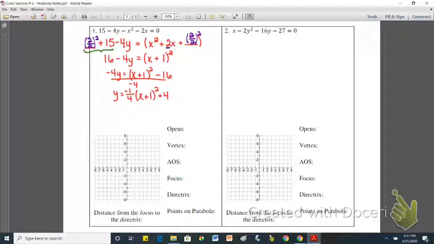So to decide whether it opens up or down, I look at the coefficient of my parenthesis. Since this right here is a negative number, it is going to open down. My vertex: with the x, I have a 1.